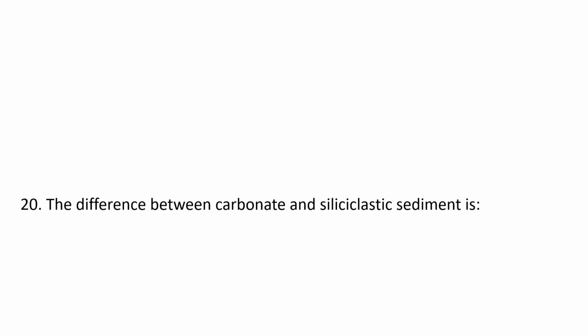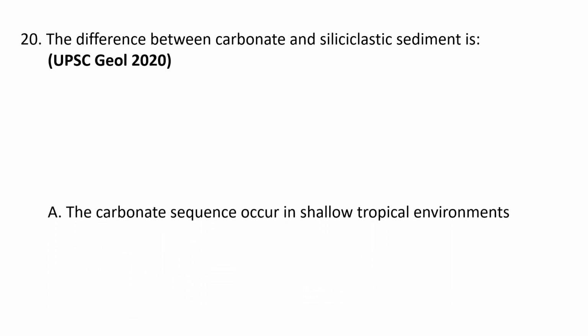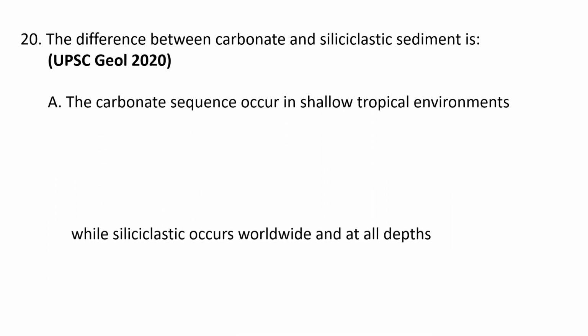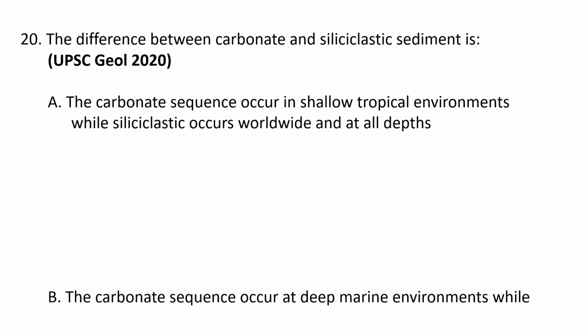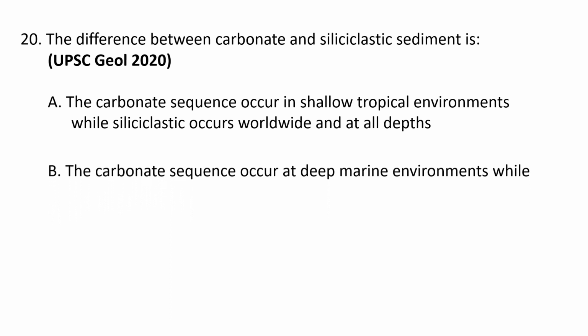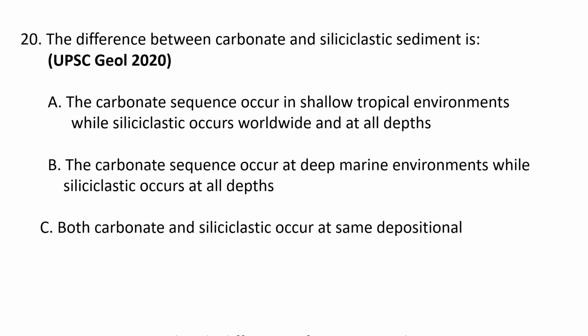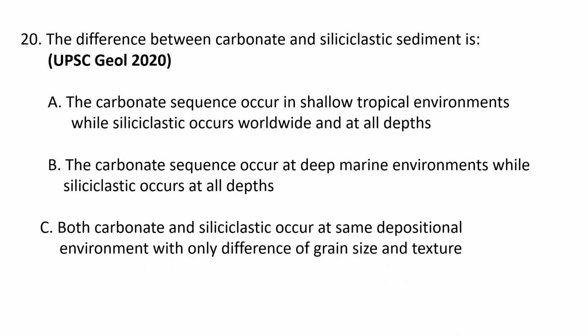20th question, the difference between carbonate and siliciclastic sediment is. Choices are A. The carbonate sequence occurs in shallow tropical environments, while siliciclastic occurs worldwide at all depths. B. The carbonate sequence occurs at a deep marine environments, while the siliciclastic occurs at all depths. C. Both carbonate and siliciclastic occur at the same depositional environment with only difference of grain size and texture.